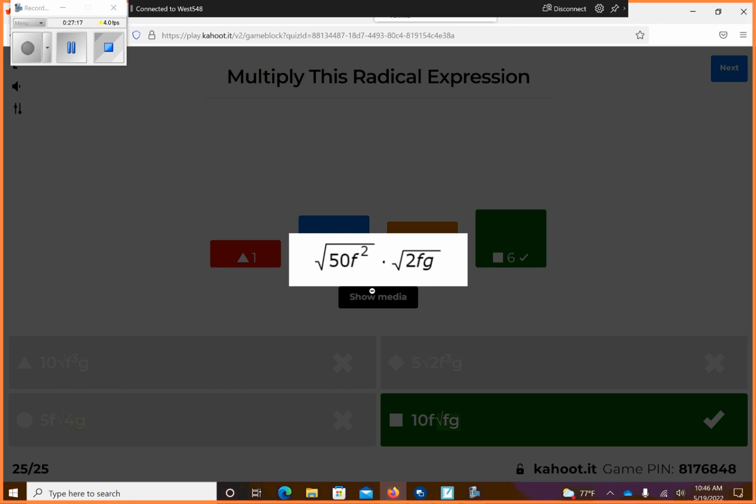If you multiply 2 and 50 together, you get 100. The square root of 100 is 10. The square root of f squared is f, so 10f is outside. Inside the radical is just fg, so 10f root fg.